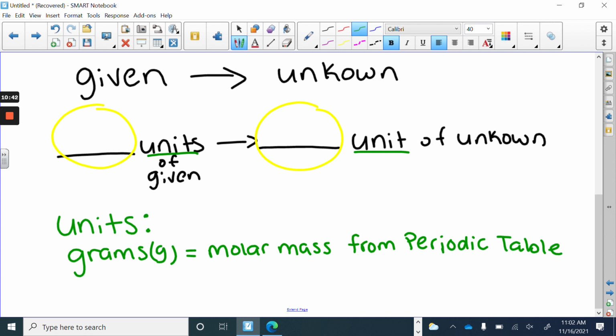If the unit is moles, it is always going to be 1.